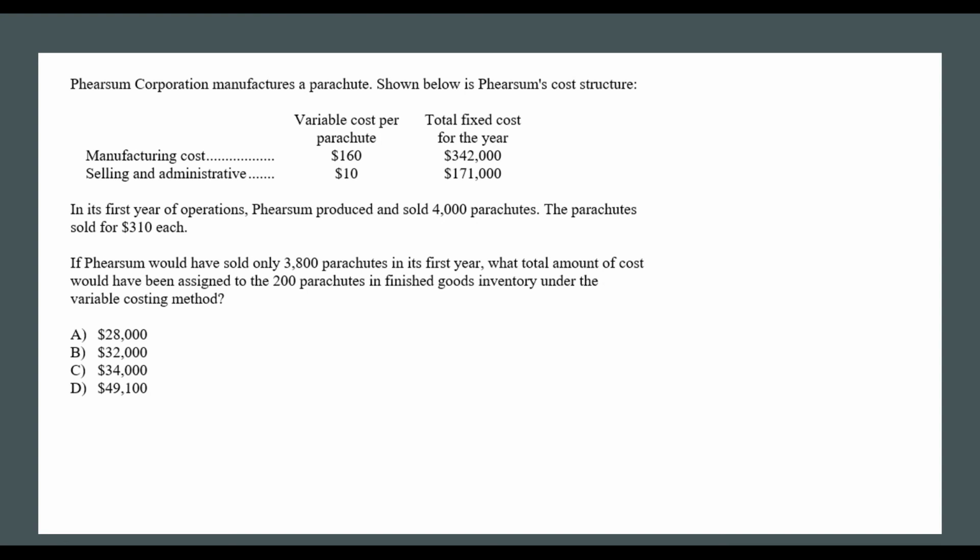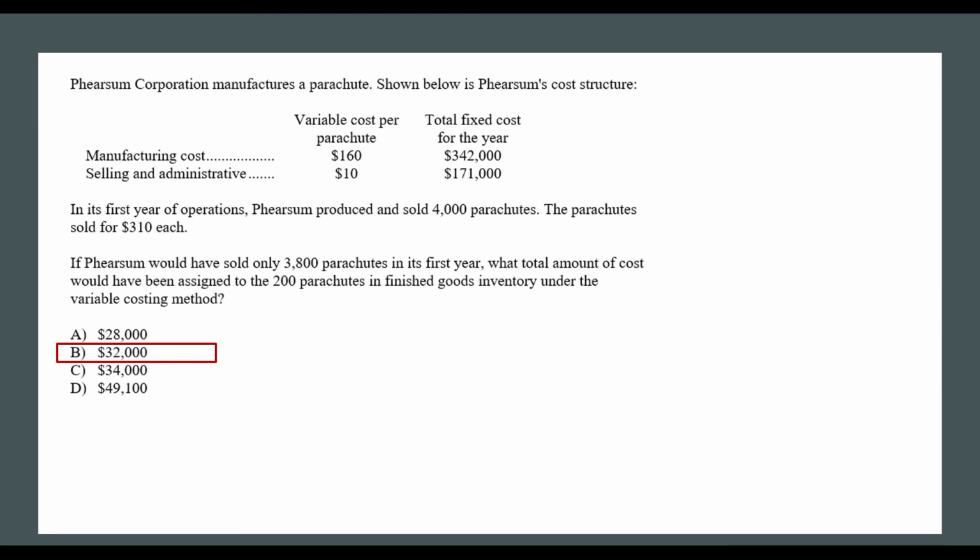So guys, what is the answer in this problem? It's letter B. Okay, why 32,000? In this case, we use sensitivity analysis, and the first assumption here is that we have produced and sold 4,000 parachutes. So there is no difference in terms of net income.